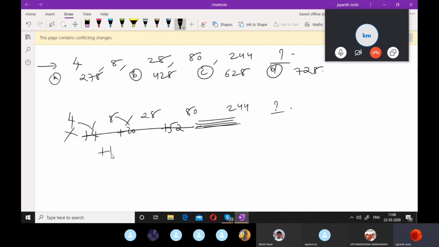For example, the difference here would be 16. It will be 32. Again, here the difference is way high. It's going to a very high extent. So this method is not going to work out. Okay.